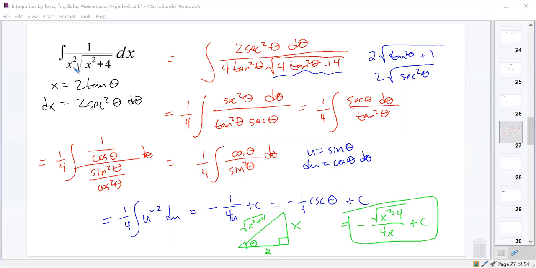It always ends up being that same thing that you had inside the square root. And then we said, well, what's the cosecant of theta, since that's what we had here in our integral. Cosecant is hypotenuse divided by opposite, so that'd be root x squared plus 4 over x. And then we multiply it by the -1/4. Good or no?